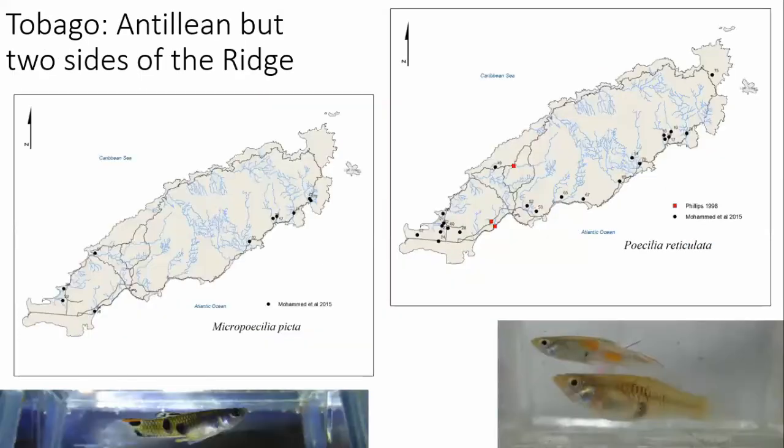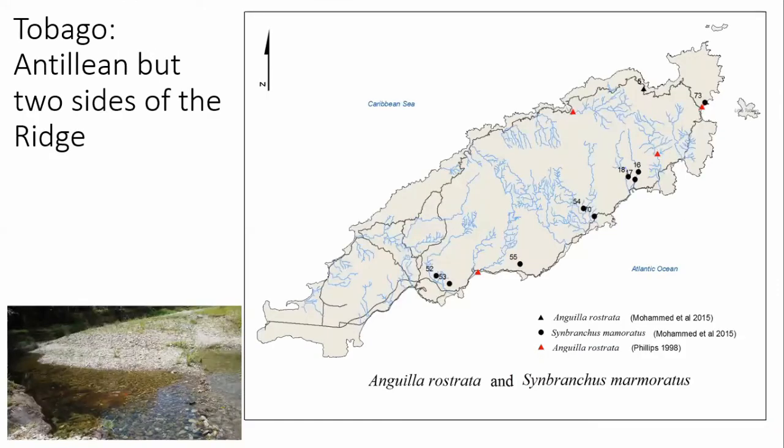The picture on the left shows an example of these clearwater systems. If you look at the map, along the Atlantic coastline, this is where historically we have found Sicydium, but we have never found Sicydium on the Caribbean side of the island.